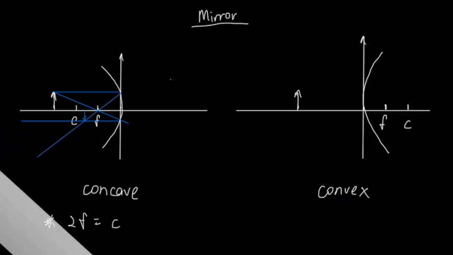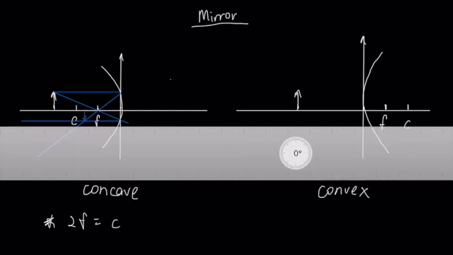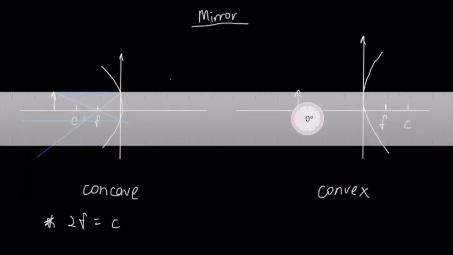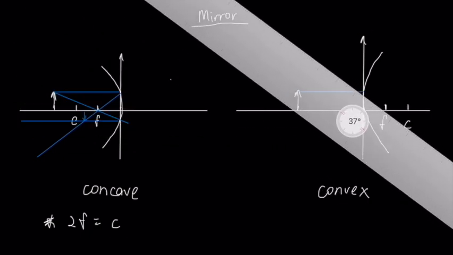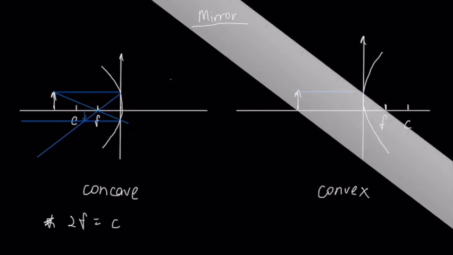Okay, and then let's move towards the convex. I will discuss further later where the object stands in different positions from the mirror. Okay, so for the convex, the same thing applies here. The object has a light shine through the mirror, and then for convex it is a bit different.